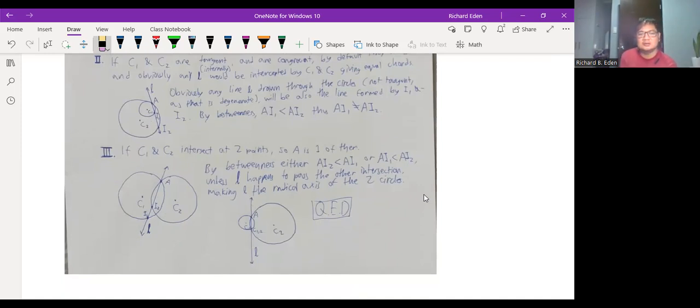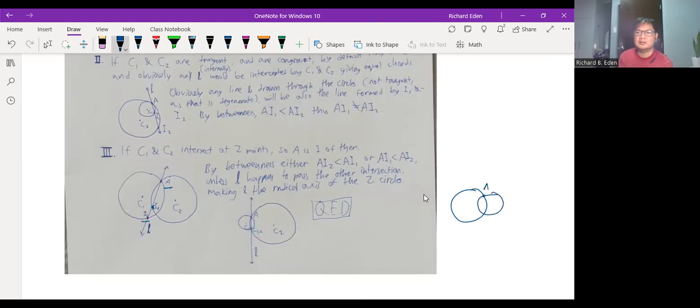What you drew here is a situation where one of the two intersections is between, say, I2 is between A and I sub 1. It could also be that A is followed by I sub 1 and then I sub 2. But what you fail to consider is the case where A is between I1 and I2. So as exemplified by this scenario.